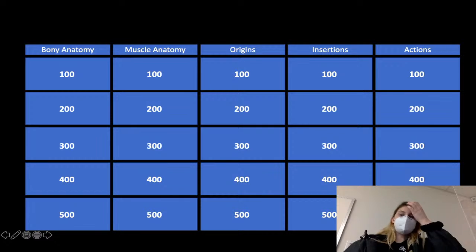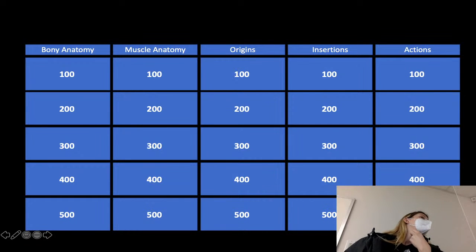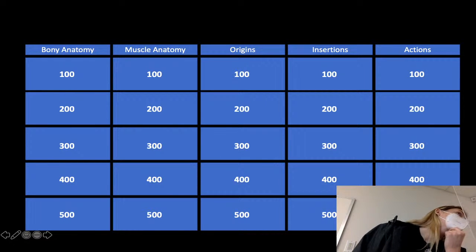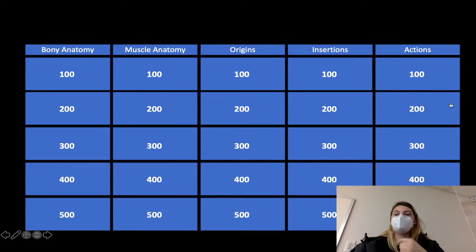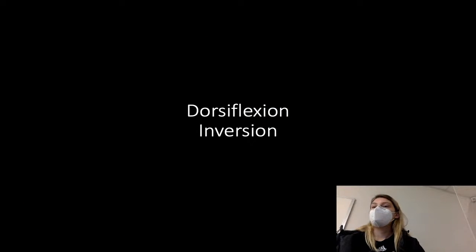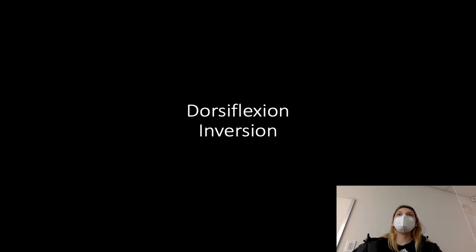Okay, what would you like next? I think you have 4 and 5 left in insertions and 1 through 3 in actions. 300? Dorsiflexion and inversion.